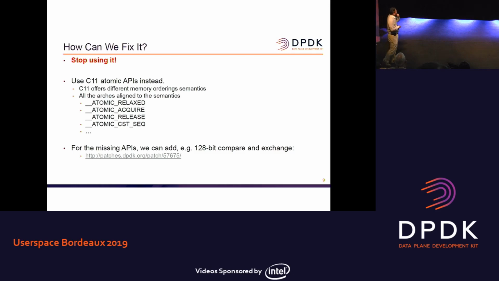For the missing APIs that the language doesn't provide, like 128-bit compare and exchange, we can provide new APIs. This patch is for the 128-bit compare and exchange atomic API for ARM platforms. x86 has also had such a patch merged.